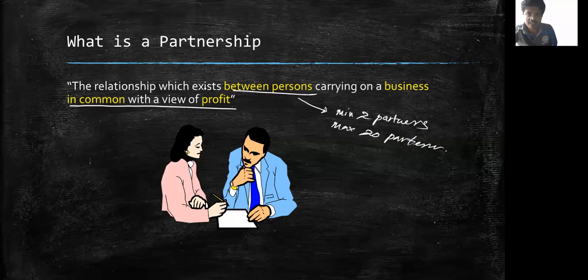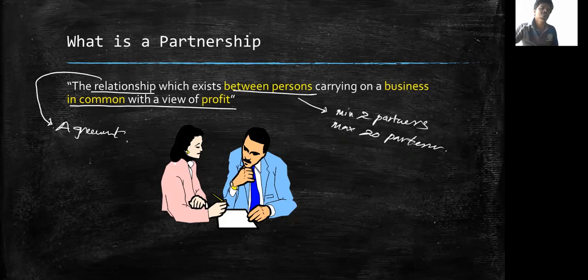When it becomes the term relationship, in partnerships, normally we know there should be an agreement. But it does not always have to be a written agreement. Anyway, in accounting, we work on written agreements. If we do not have any written agreement, we need to adopt the instructions given through the Partnership Act.